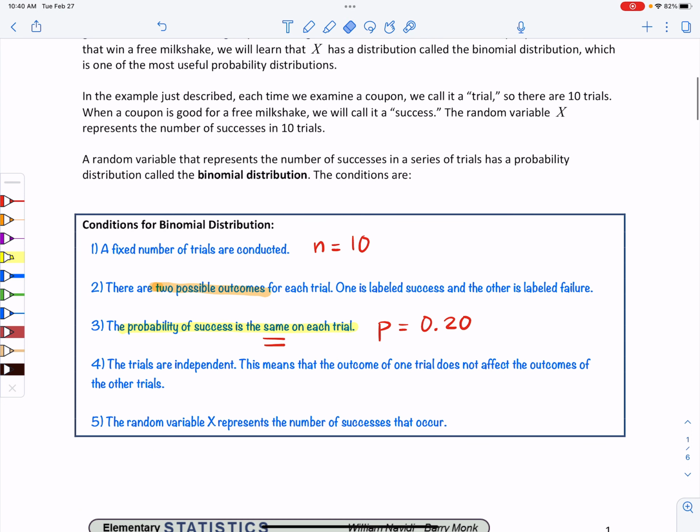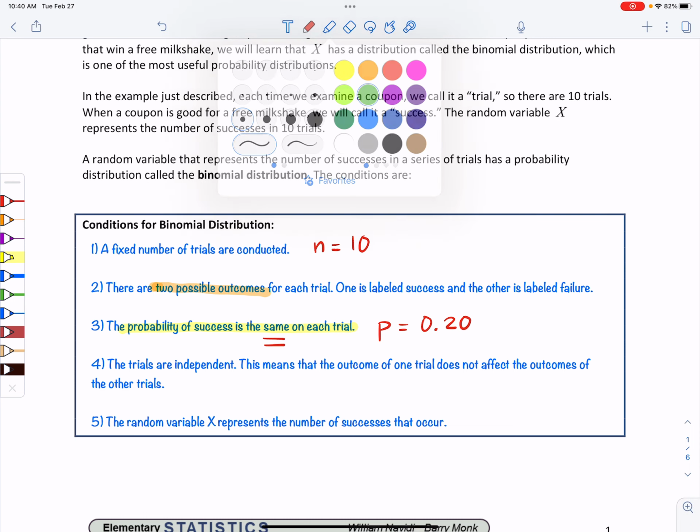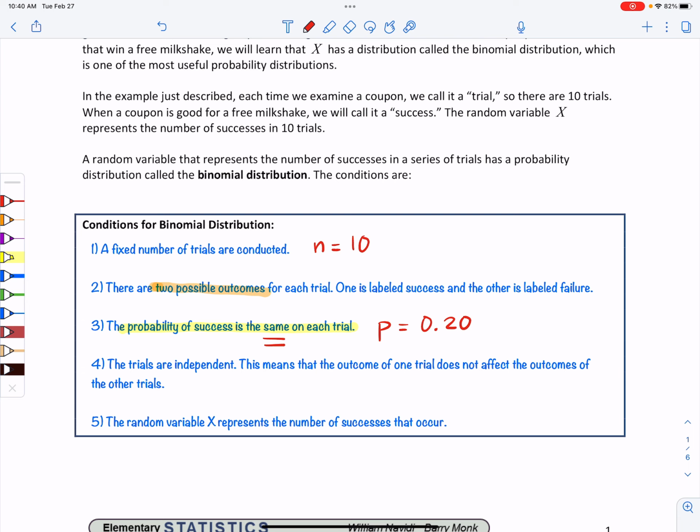The last notation that we want to watch out for is going to be our random variable, which is our x. We talked about x representing numerical outcomes, and we said that typically when we're dealing with a discrete random variable, we're looking to count something.